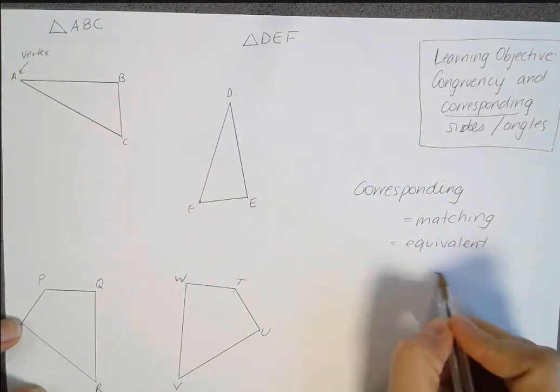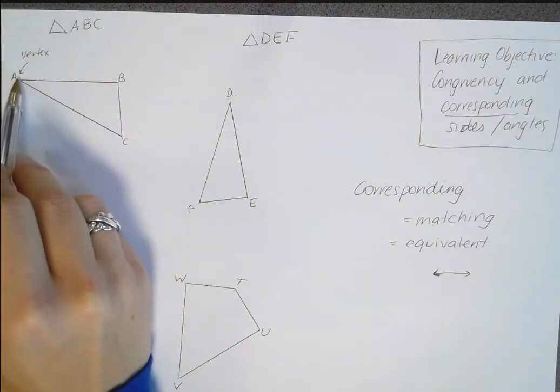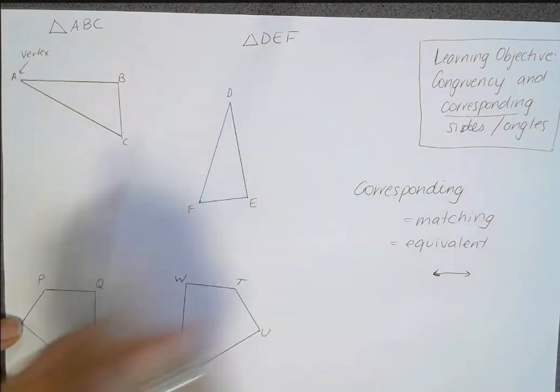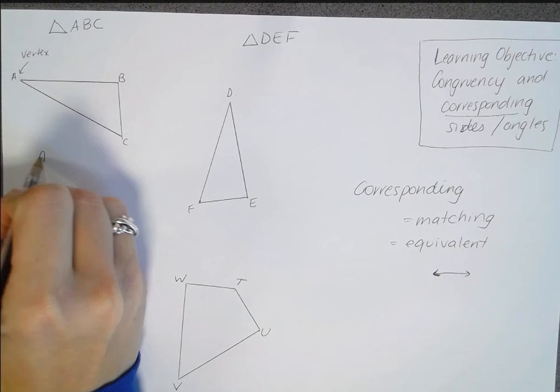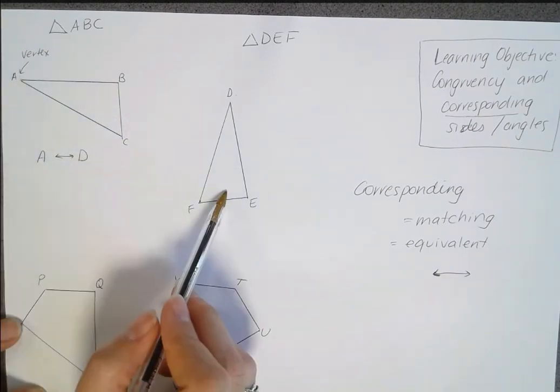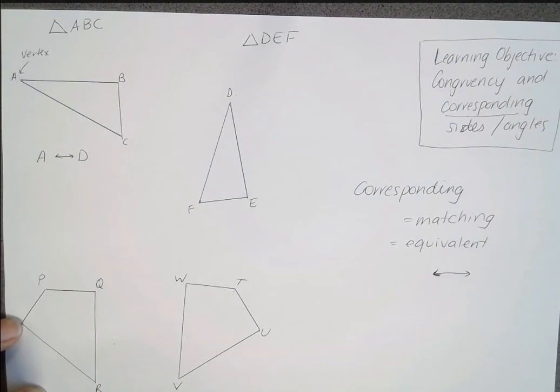And we're going to use the symbol with double arrows here. So in this case, vertex A is corresponding to vertex D over here. So A corresponds to D, which means if we rotated this shape around, we would have this shape right there.